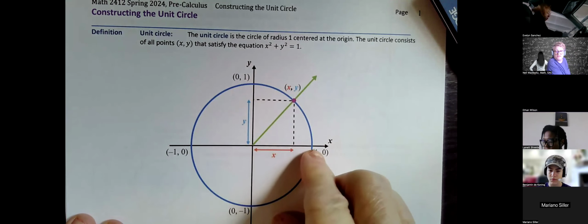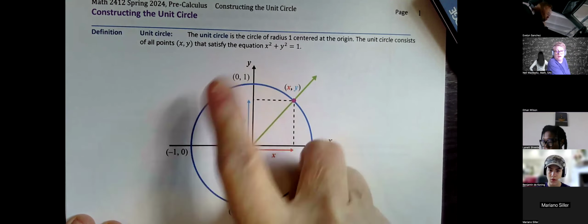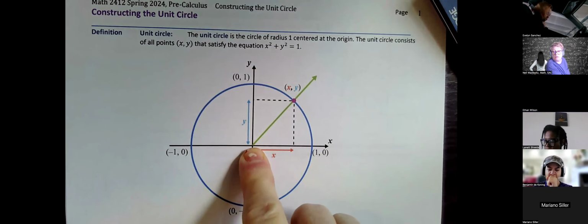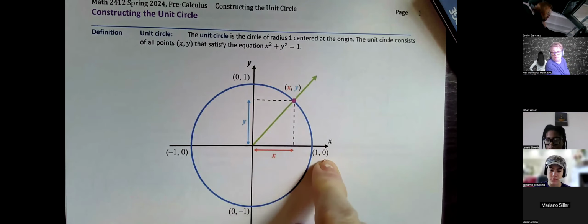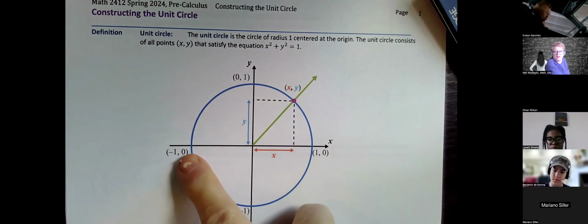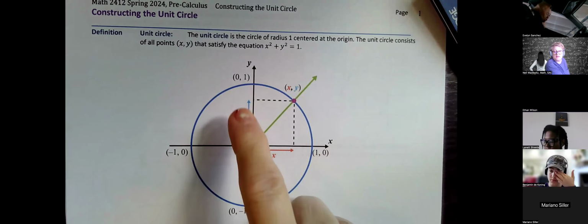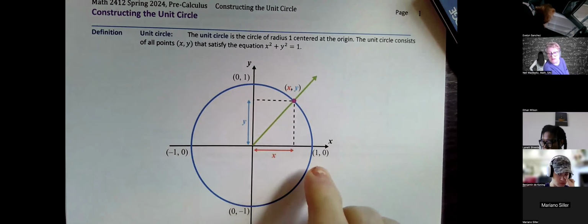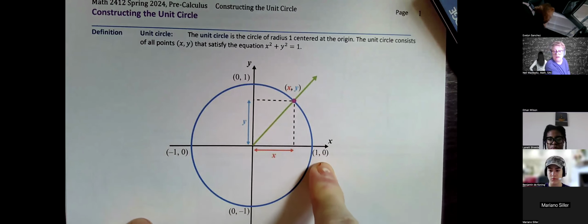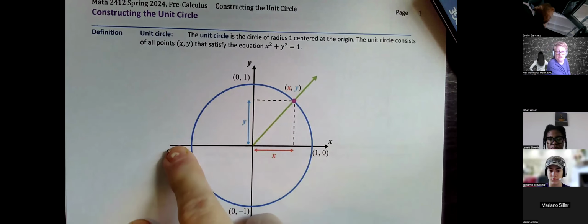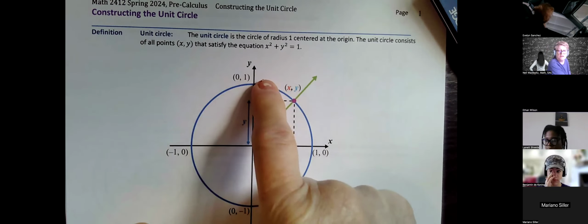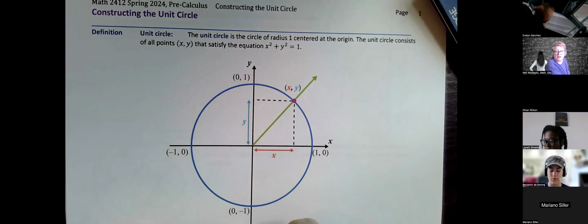Since we have a center at 0, 0, we've got x-axis values of 1 and negative 1, and y-axis values of 1 and negative 1. That makes the points on the x-axis 1, 0 and negative 1, 0, and the points on the y-axis 0, 1 and 0, negative 1.